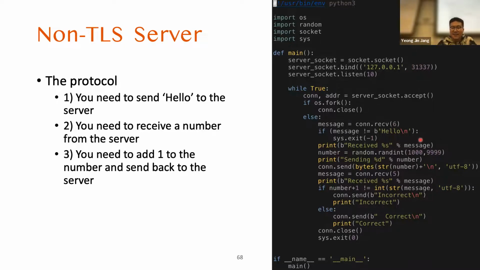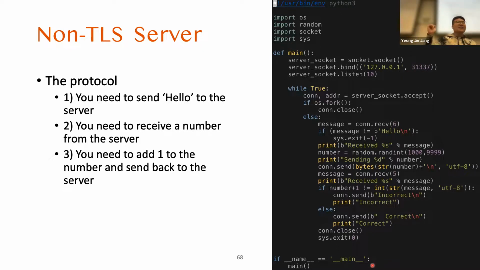And then if that is true, it will generate a random number between 1000 and 10,000, choose one, and then send that number to the client. And then it will receive another 5 bytes, the 4-digit number and new line, transform that into an integer, and that should match the number +1. If that is mismatched, then it will send incorrect, and otherwise it will send correct. So it is just a simple ping pong server client like that.